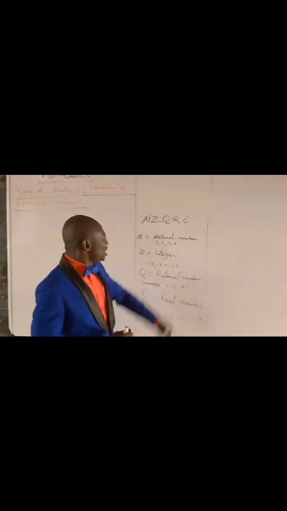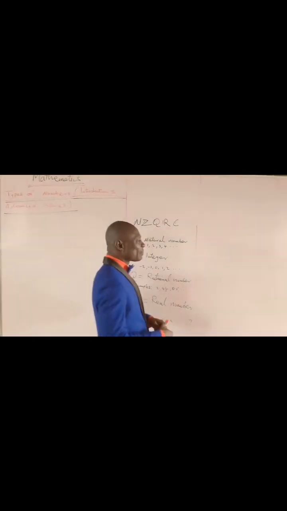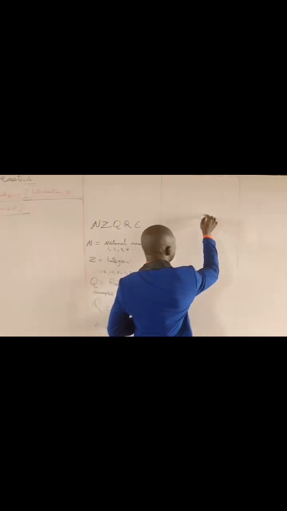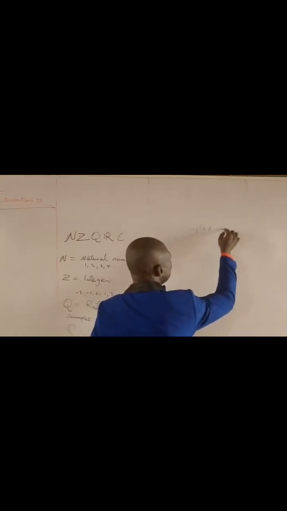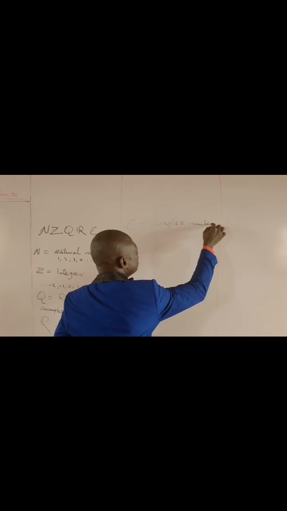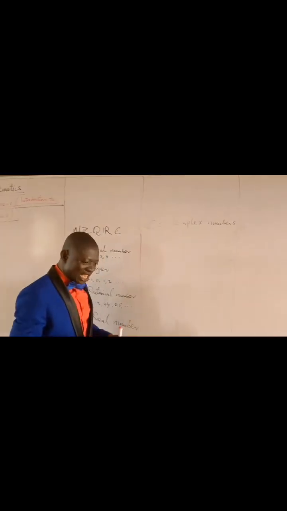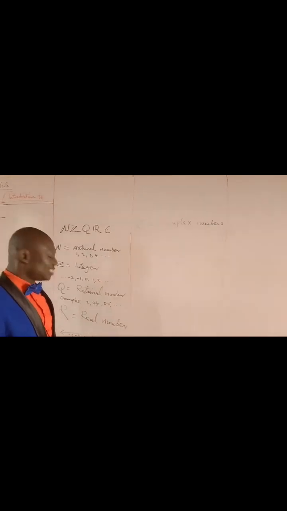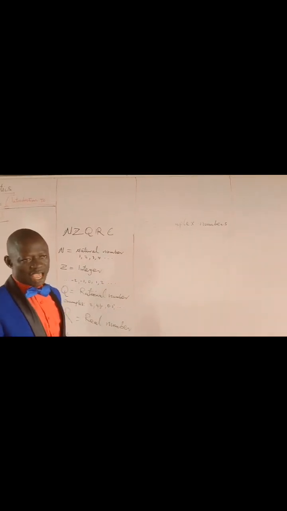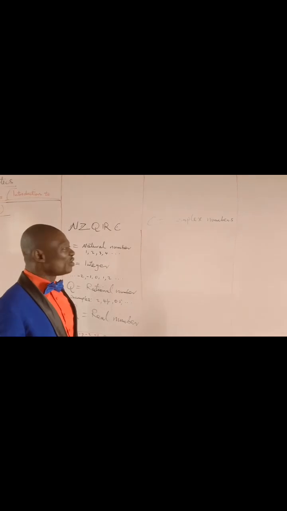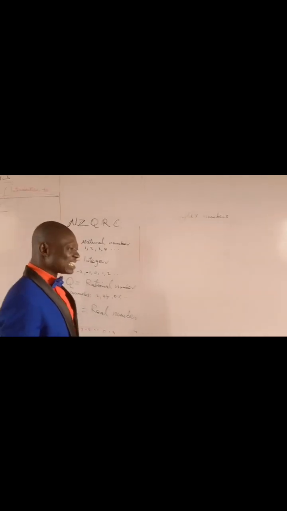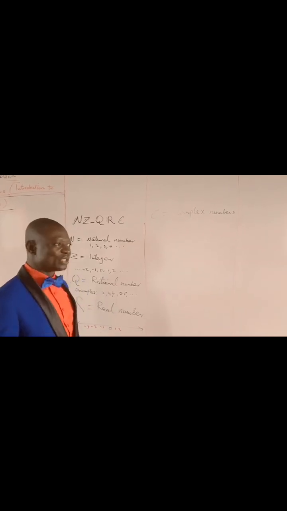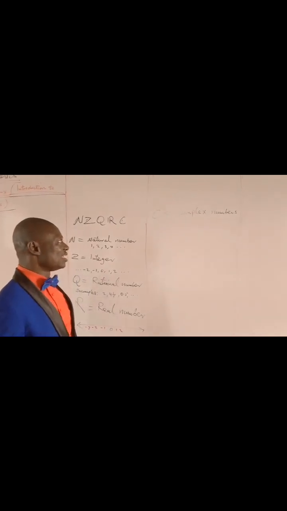Once we move to C, C itself represents complex numbers. Complex numbers are not really numbers we can find on the real line. And so we cannot get the answer in some of our simple calculators unless we use those that can display them.